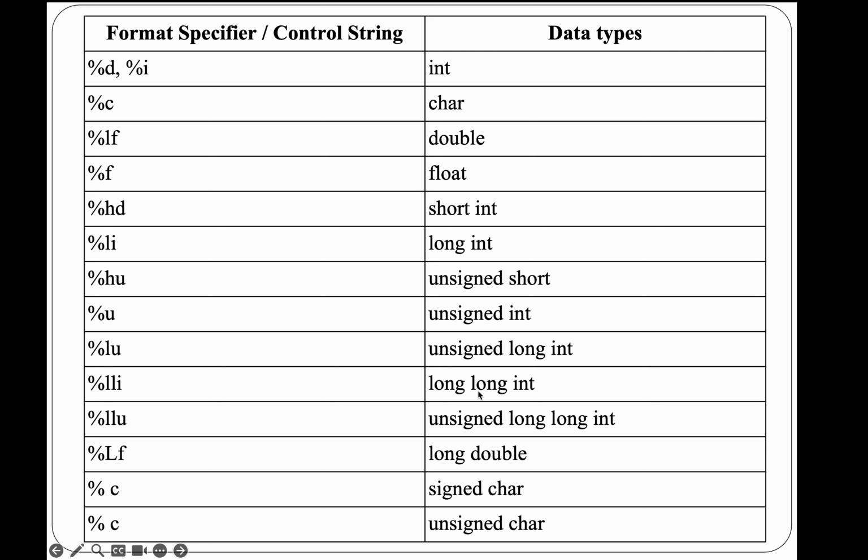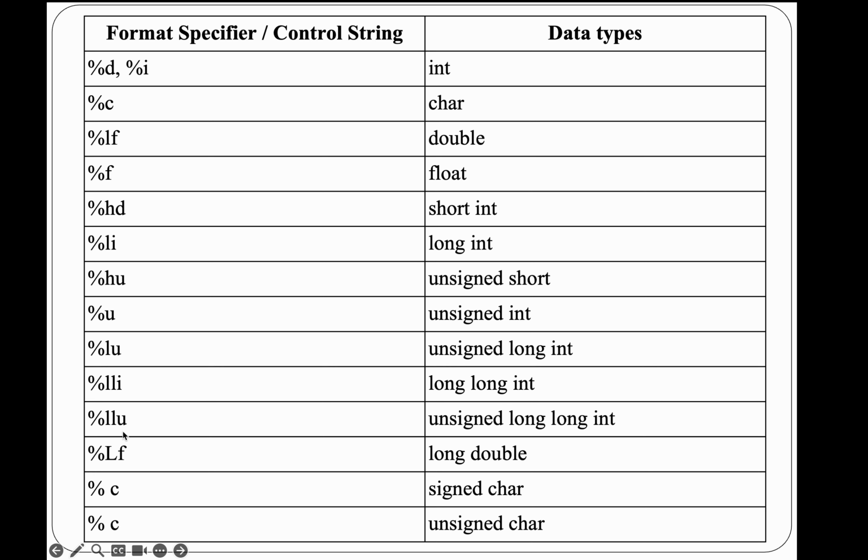And as we discussed in the data types also, we have a type called long long, which means the range of the integer is increased. So for that, lli, which means it is a signed long long int. Unsigned long long is llu. So if long comes, l comes, and if unsigned comes, u comes.